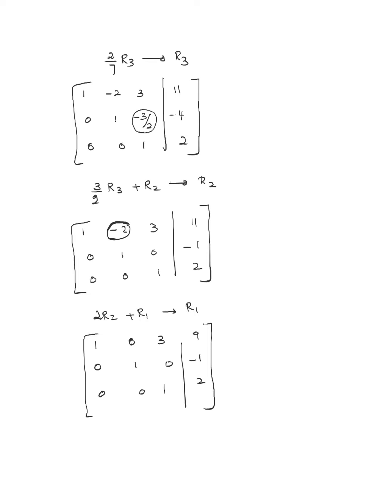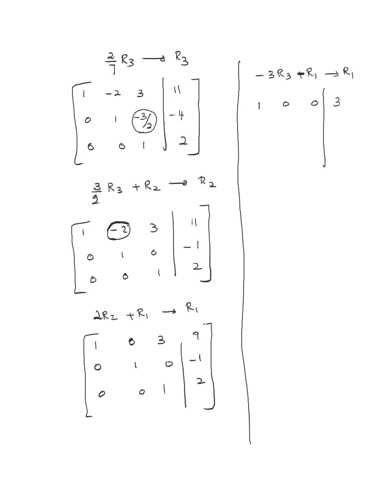And again, we can make the last one 0: -3R3 plus R1 goes to R1. So it's going to be 1, 0, 0, and 3. Then 0, 1, 0, -1, and 0, 0, 1, 2.